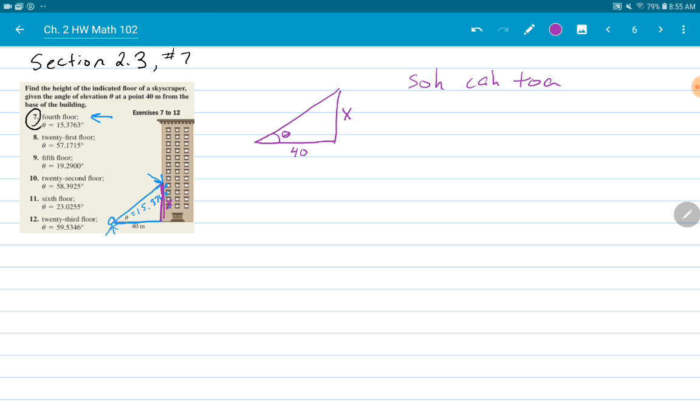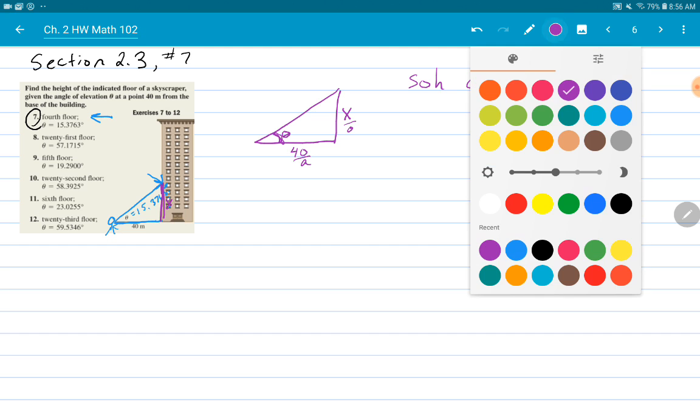So if I look at SOHCAHTOA, the 3 things I need in my equation are going to be the angle, so that can be any trig function, an adjacent leg, and an opposite leg, so the A and the O. What I don't have is the hypotenuse.